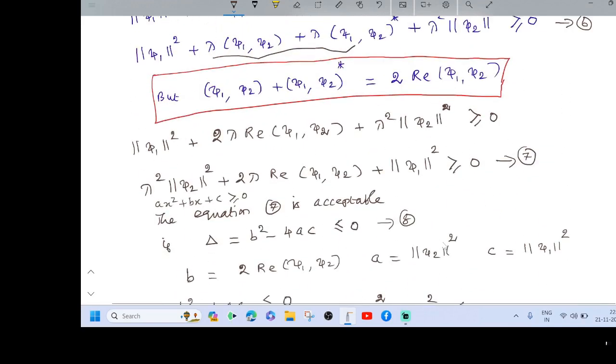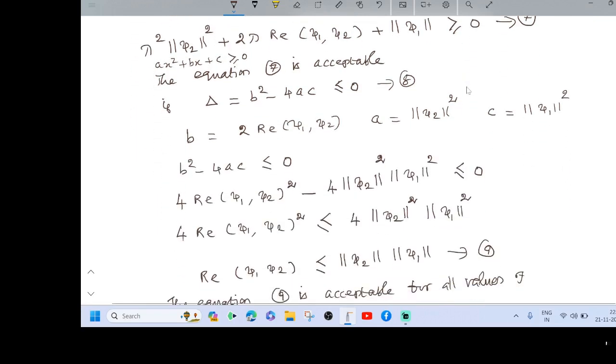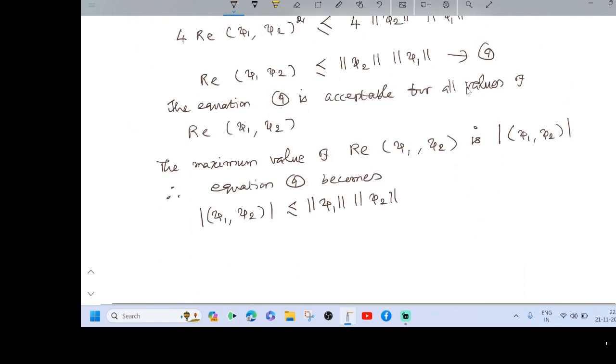Now, as stated earlier, we may prove that the scalar product of psi 1 and psi 2 plus its complex conjugate, the scalar product of psi 1 psi 2 star, is equal to 2 into real part of psi 1 comma psi 2. Let me present this one.